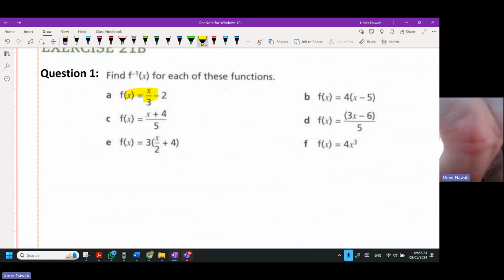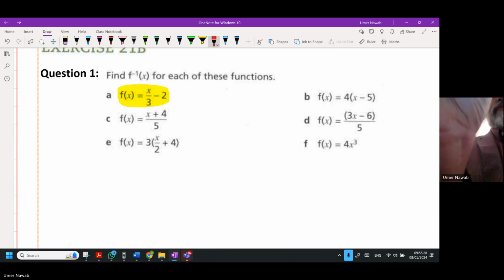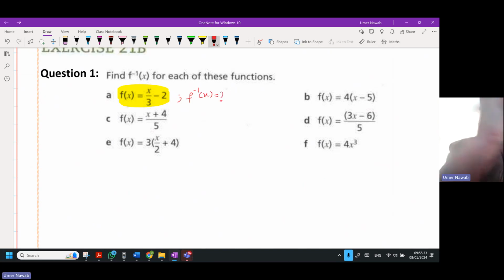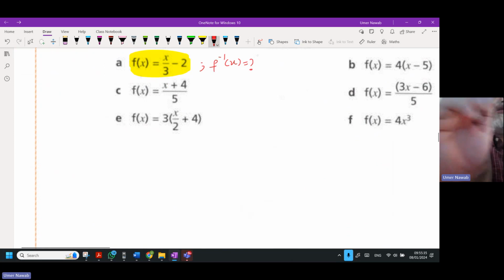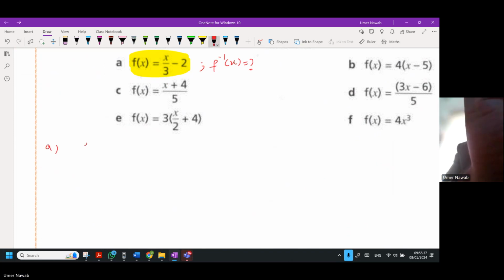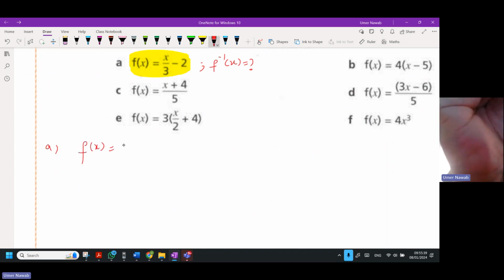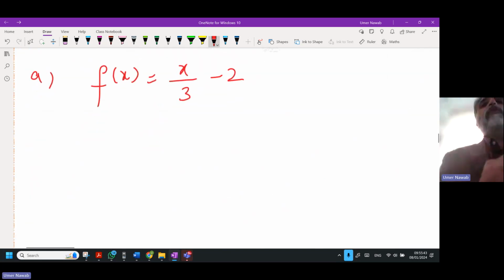Let's try to find the inverse function for the first part. I want to find the inverse function. Let us copy the part: f of x equals x over 3 minus 2. What I'm looking for is the inverse function. This is the question. What to do first?